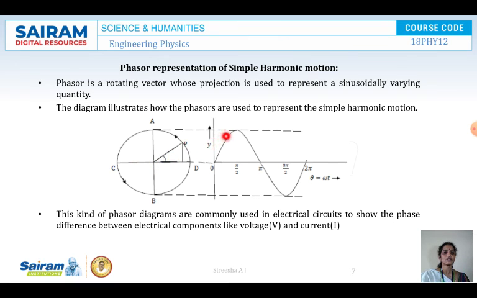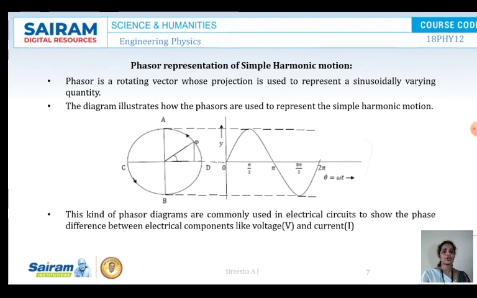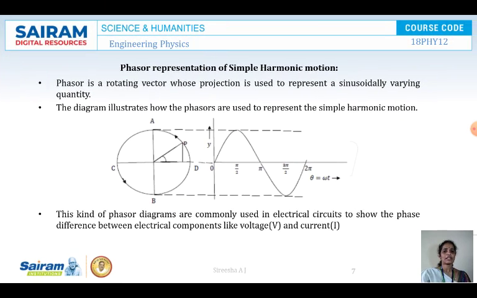You can see here it is going up and again coming down, to the mean position, going to the extreme position and coming to 0.